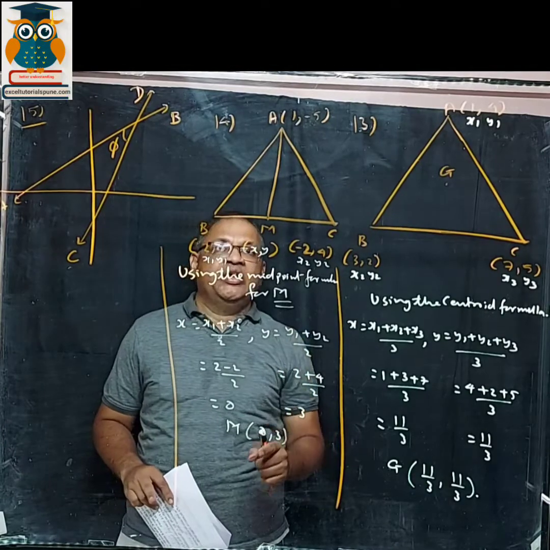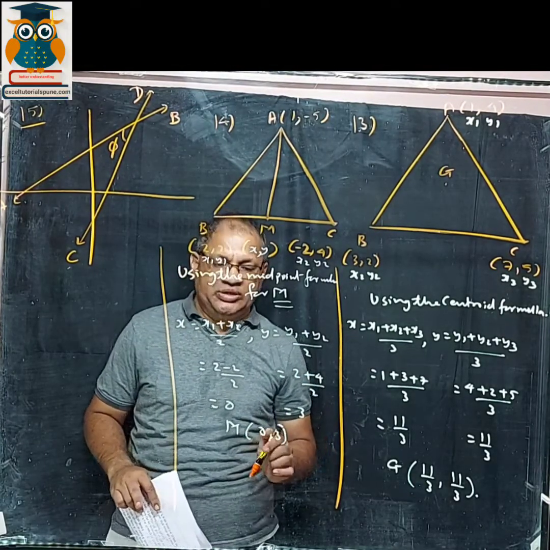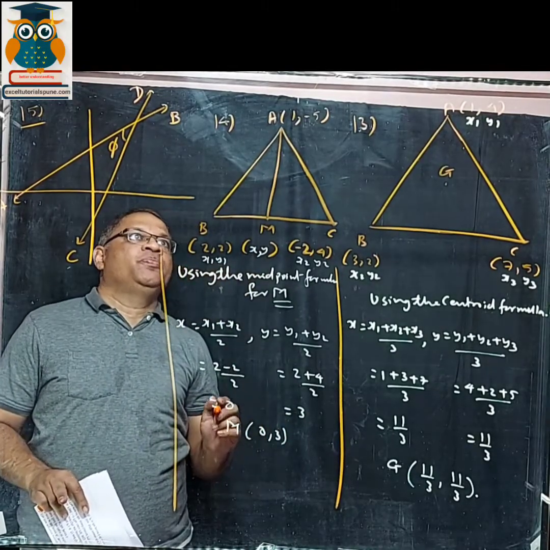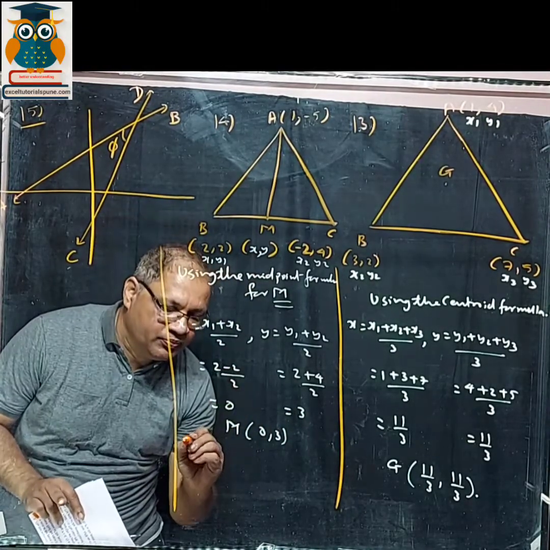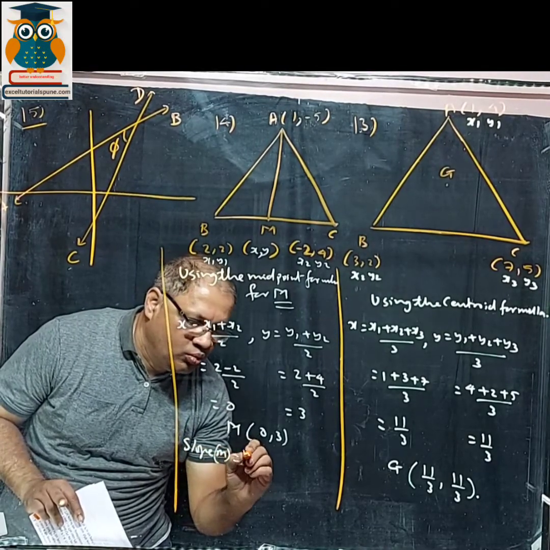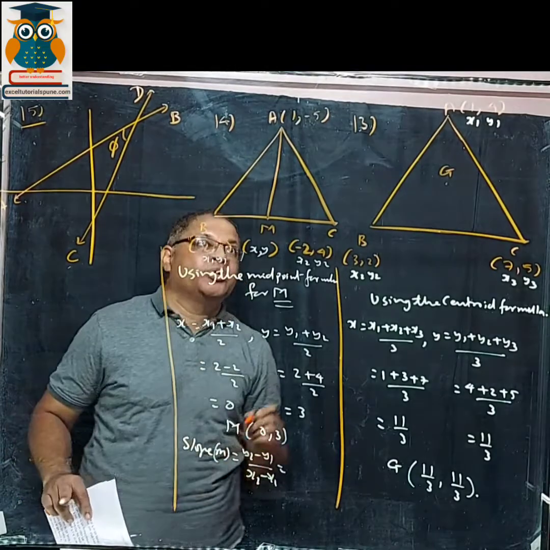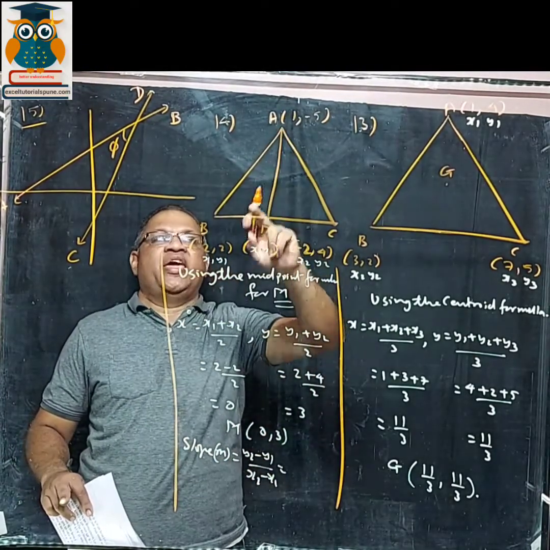Now for finding the equation of AM, you need to find the slope first. So slope of AM, y2 minus y1 upon x2 minus x1. So you want the slope of AM, right?